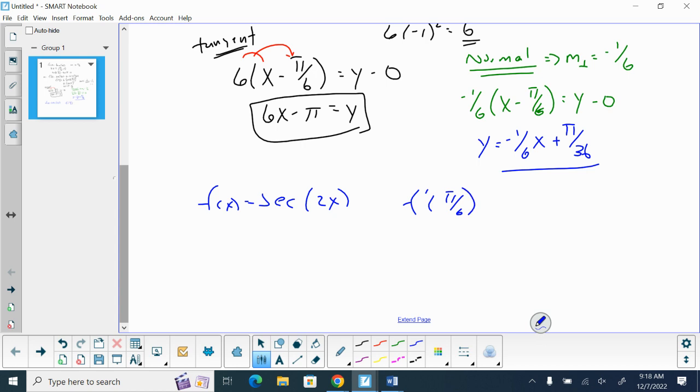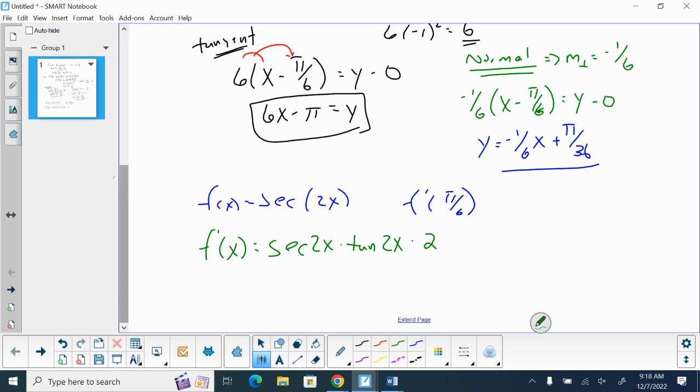So we have to take a look at the derivative of the secant. The derivative of secant is what? Secant times tangent. So we have secant of 2x times the tangent of 2x times the derivative of what's inside, which is a value of 2.